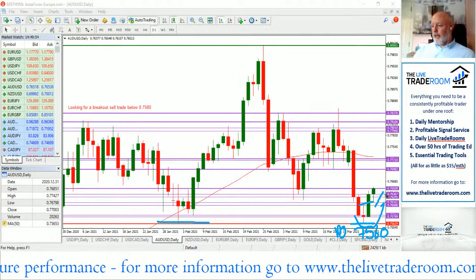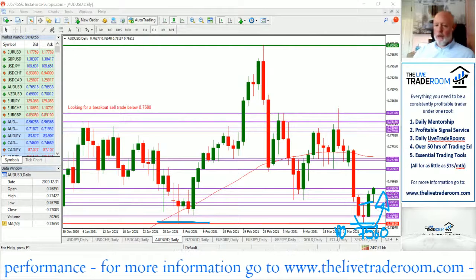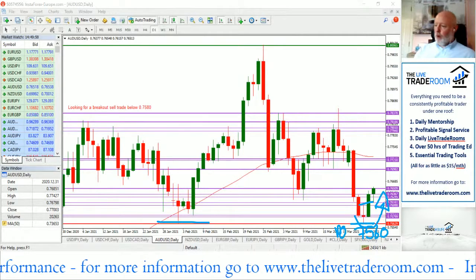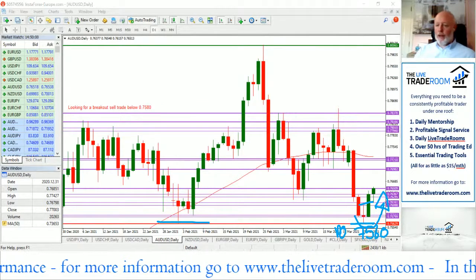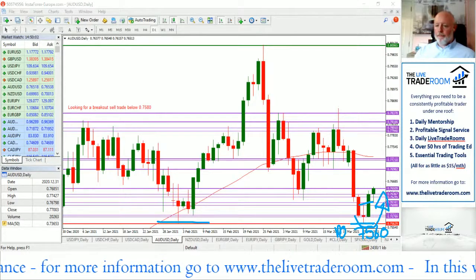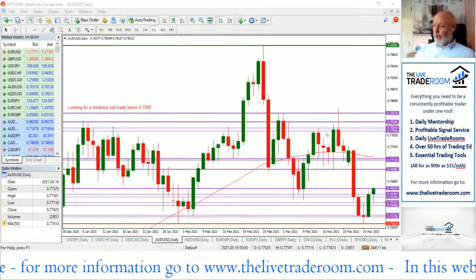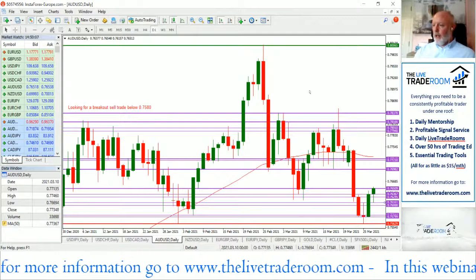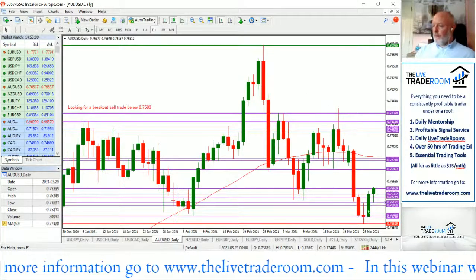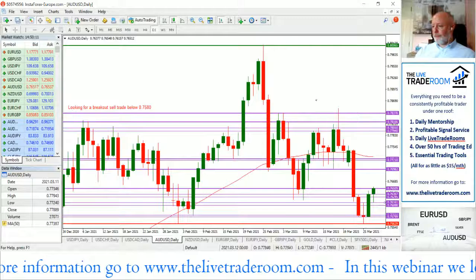Yes, you might experience the false breakout trade. Perhaps 1 in 4, 1 in 5 would be a false breakout trade. Certainly more historically, not so much recently. We've had a large number of those, more recently.